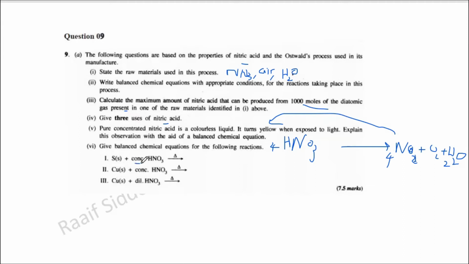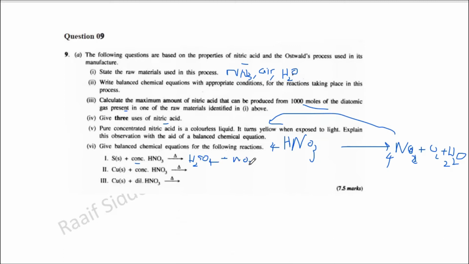So you are using conc HNO3 in 2 cases and one with the diluted HNO3. So sulfur directly with conc HNO3 you can automatically write. So this will produce H2SO4, because conc HNO3 is highly oxidizing. So it will take sulfur to its maximum, SO4 2-. So it should produce H2SO4 as one of the products, and then it will produce NO2.